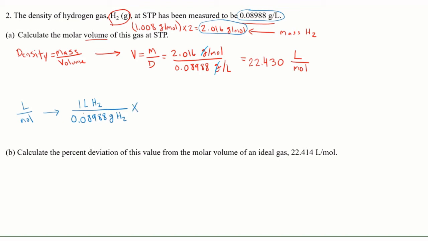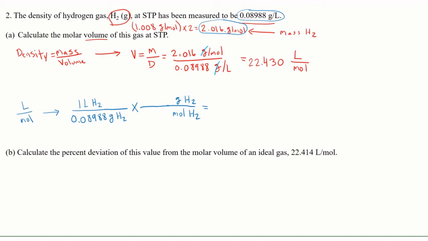Now here, if I look at the denominator, the denominator is moles for molar volume of a gas, but right now I have grams of hydrogen. So I need to cancel grams of hydrogen and replace it with moles of hydrogen. Well, grams of hydrogen over moles of hydrogen, that's really the molar mass.